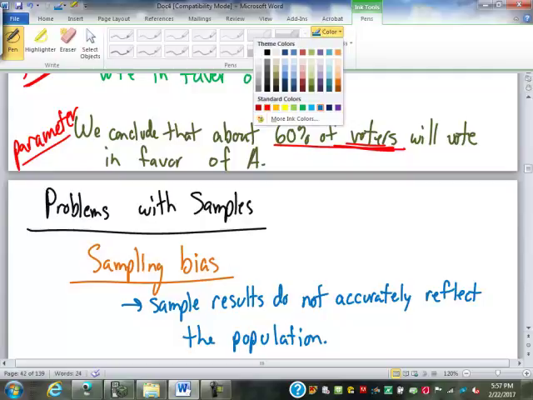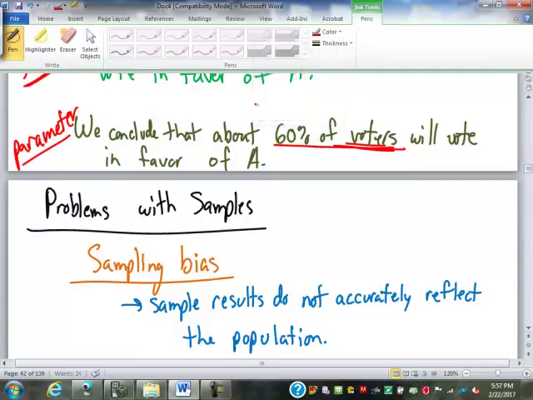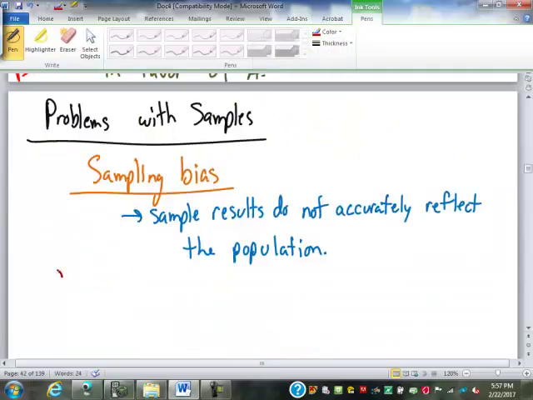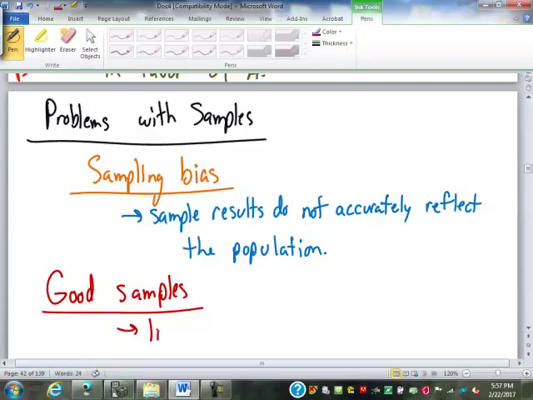So the whole point of taking samples, good samples, is to limit sampling bias.